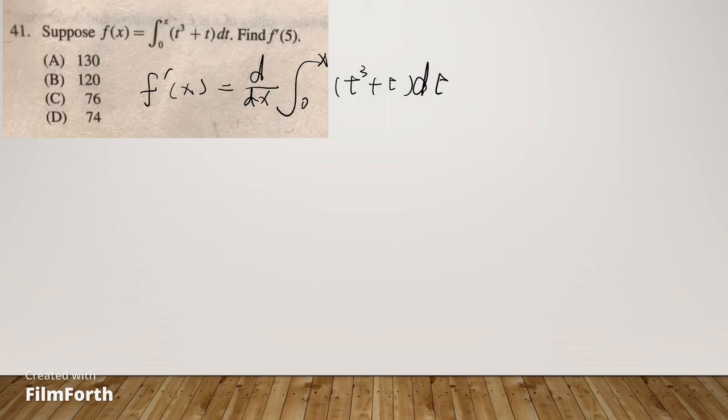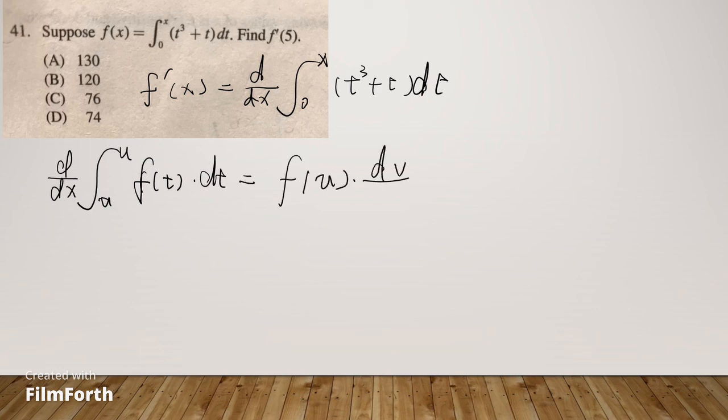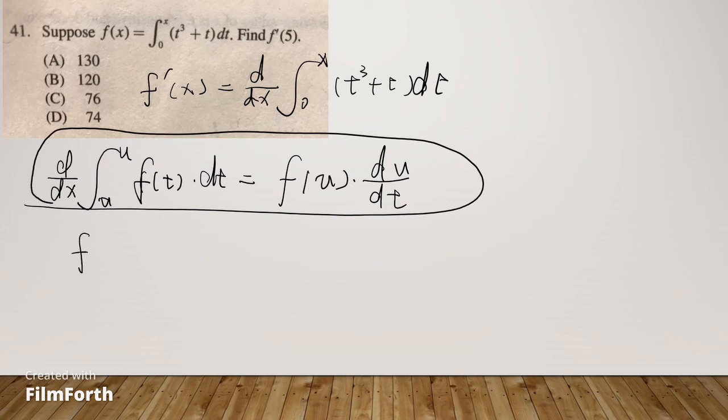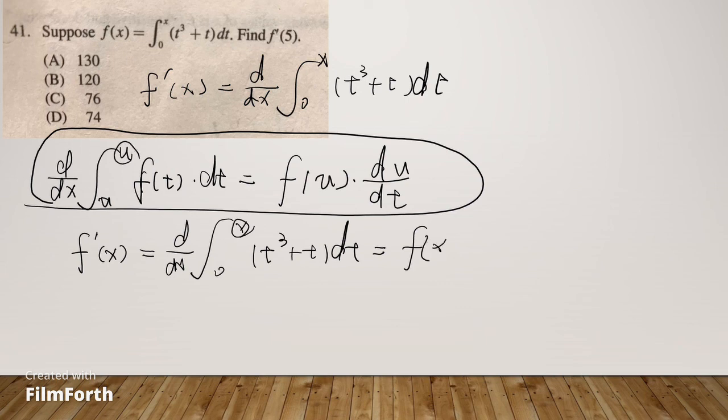So don't forget our formula: d over dx of the integral from a to u of f of t dt equals f of u times du over dx. By using this formula, we have our derivative function: d over dx of the integral from 0 to x of t cubed plus t dt equals f of u, where u is x, so f of x times du over dx.